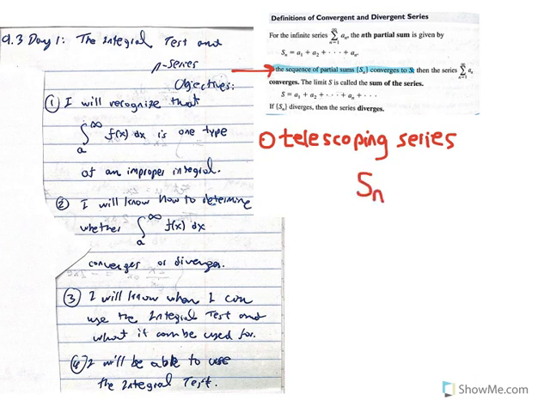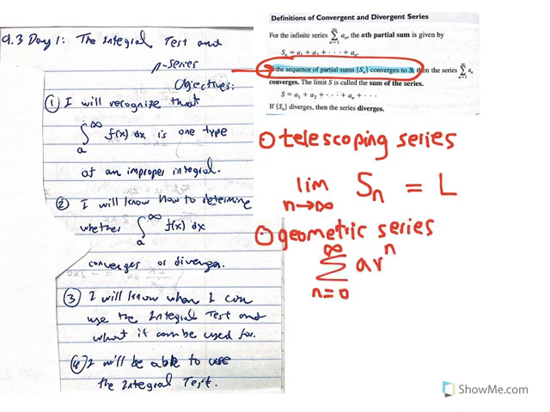We wrote a formula for its nth partial sum, and we took the limit of the nth partial sum as n approaches infinity, and if that limit existed, then by definition the telescoping series converges. And then we looked at geometric series.